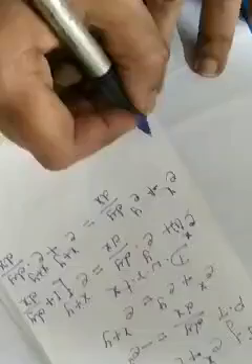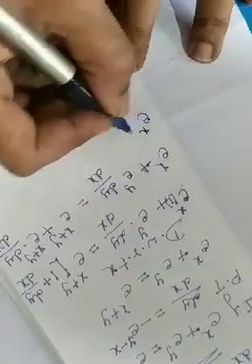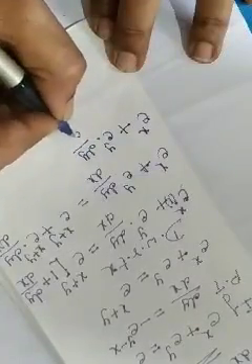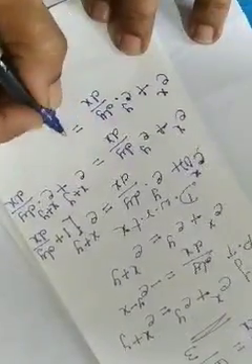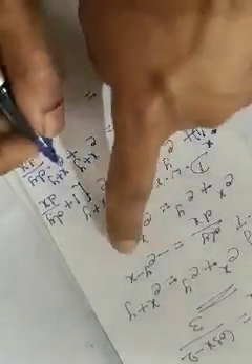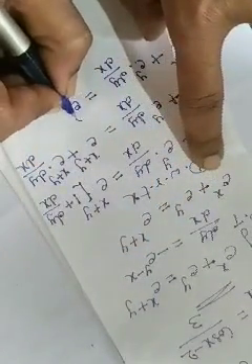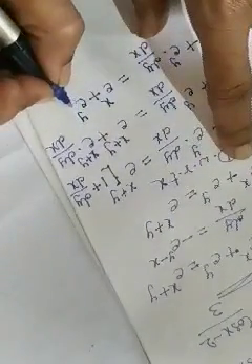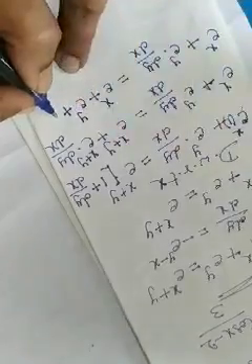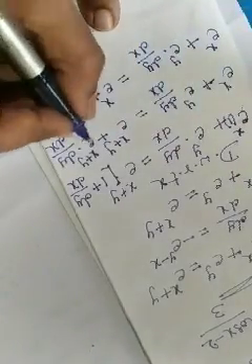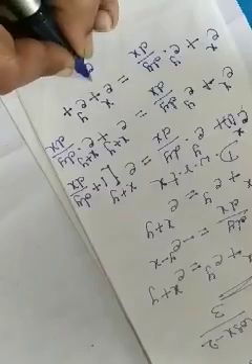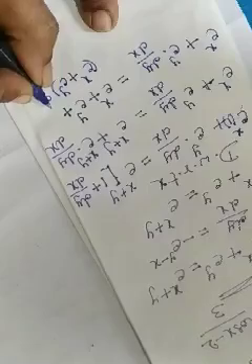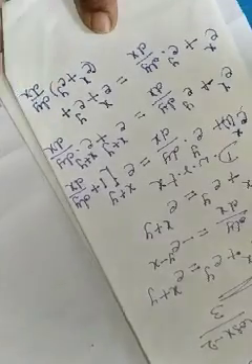Next, e raised to x plus e raised to y into dy by dx is equal to, e raised to x plus y can be written as e raised to x plus e raised to y, plus again e raised to x plus e raised to y into dy by dx.